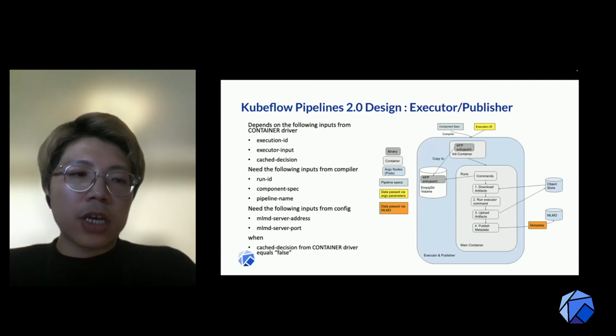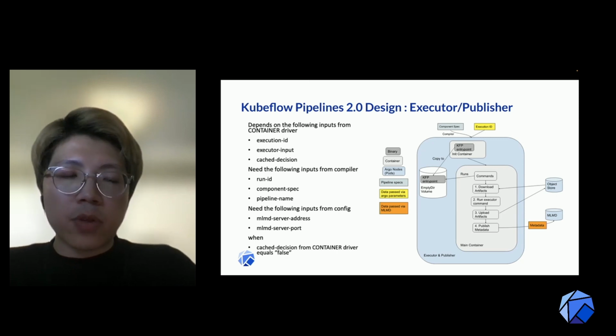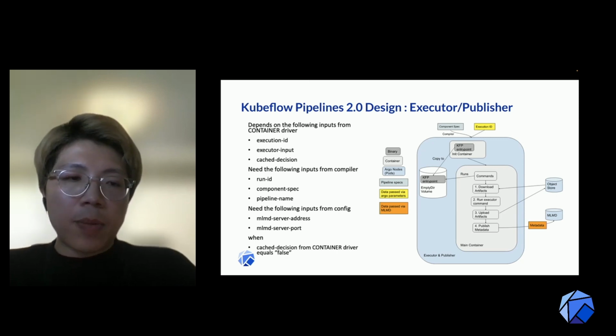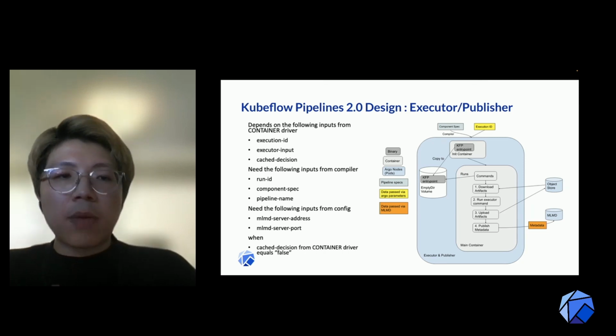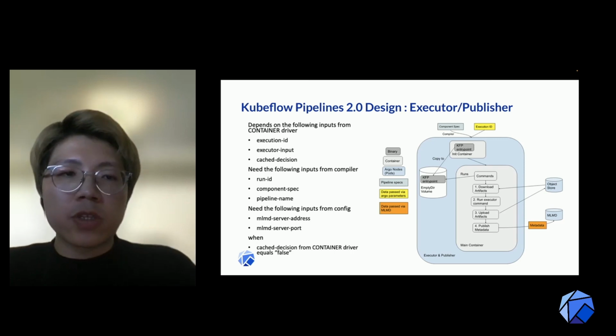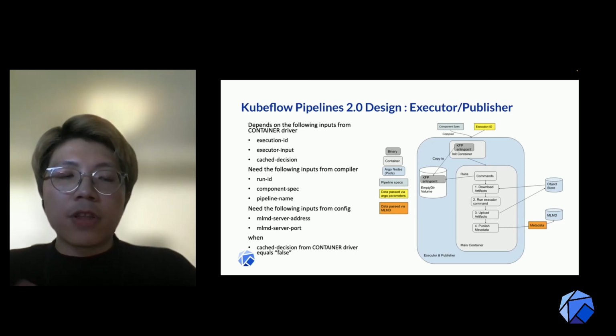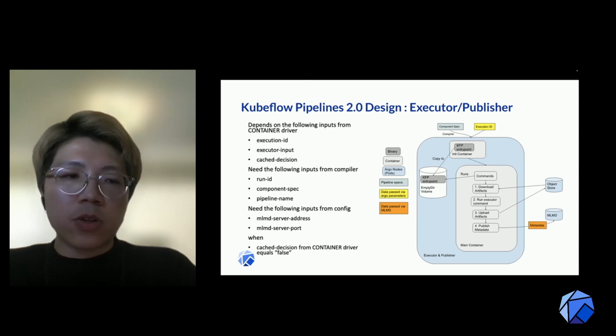The executor also takes in the run ID from the pipeline run itself, the pipeline name, and all the base components from the pipeline. Combining those two pieces of information, you'll be able to produce the path specs of the necessary environments for the executor to run.